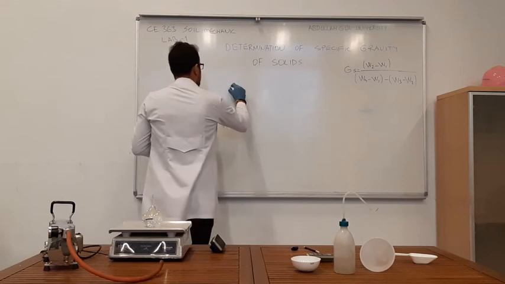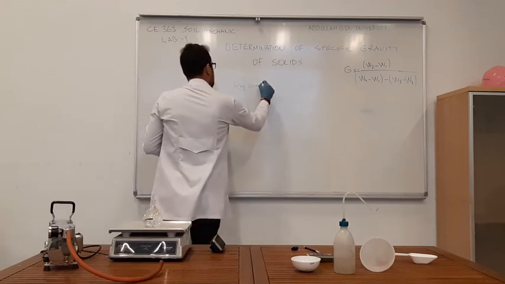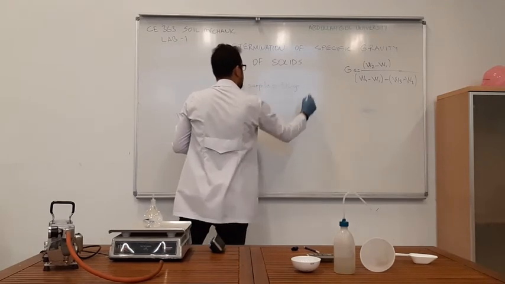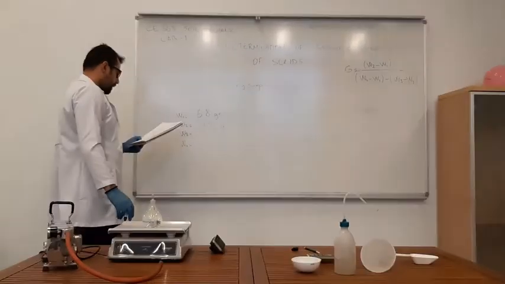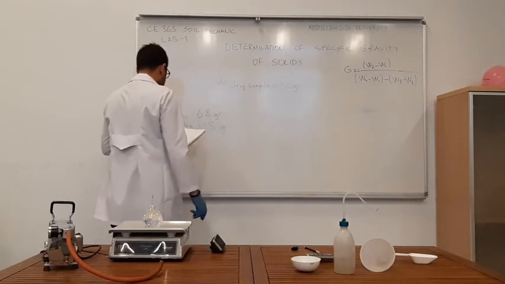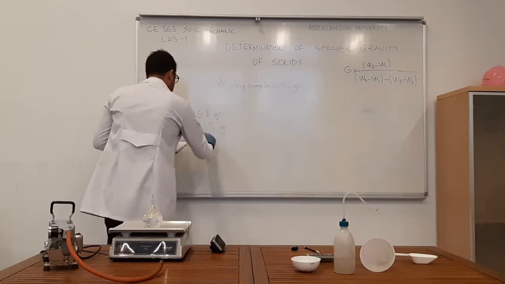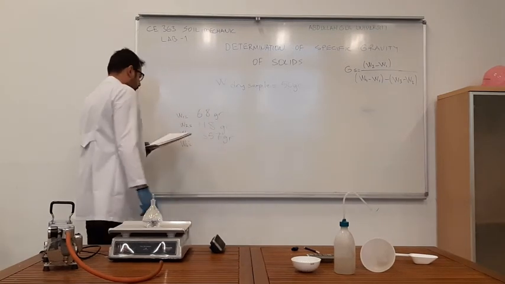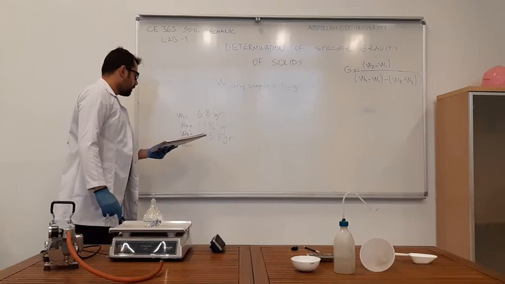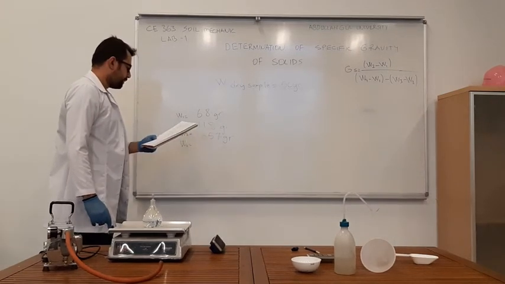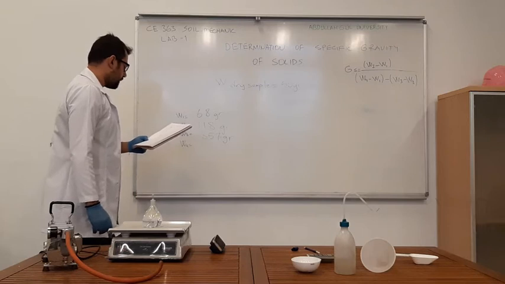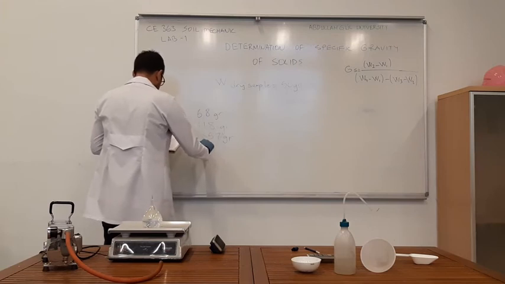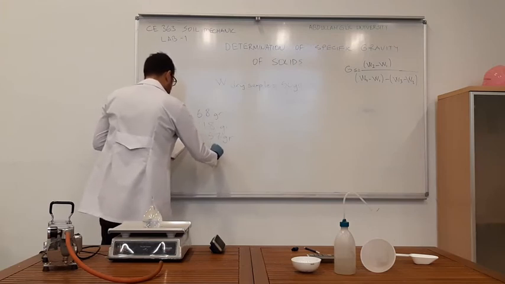By the way, weight of dry sample is equal to 50 gram. And pycnometer, dry sample, and water is 357 gram. And lastly, pycnometer and water is 326 gram.